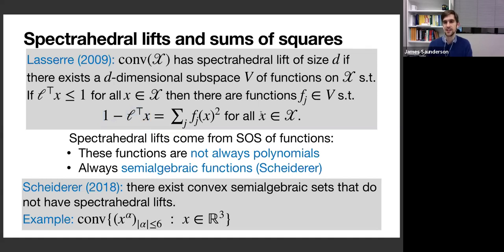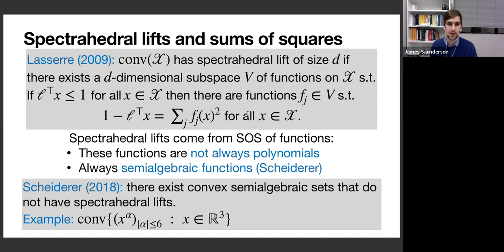So basically, we're going to have a lift of size d if we can find a d-dimensional subspace of functions where every supporting inequality or every defining inequality of the set is a sum of squares of functions in my subspace. And one important thing about this result is that the functions that appear don't have to be polynomial functions, in general. So what you can express with spectrahedral lifts is a bit more than sums of squares of polynomials.